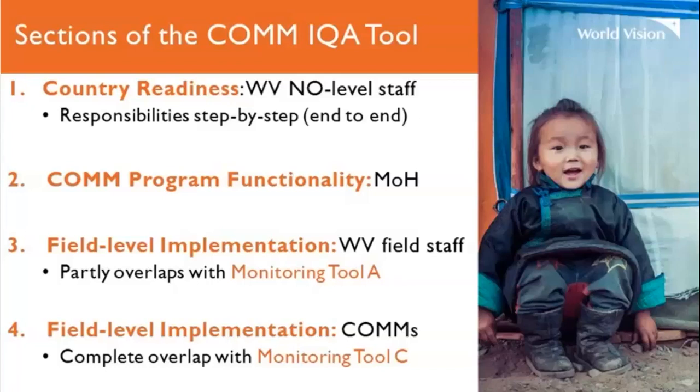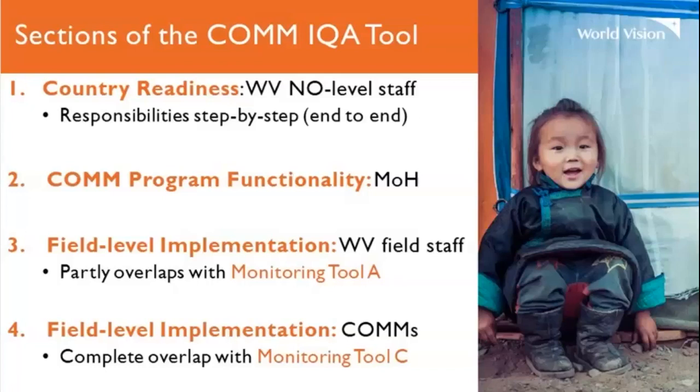In a moment, I'm going to share my screen and show the tool itself. But on this slide, you can see that for the Community Health Committee IQA tool, we have 4 tabs. I may end up consolidating this into 3 tabs just to align it with the other project models.